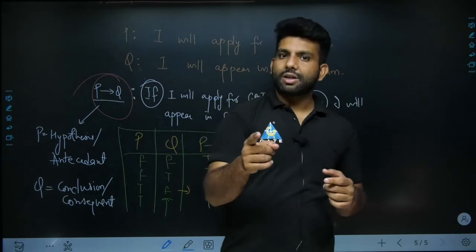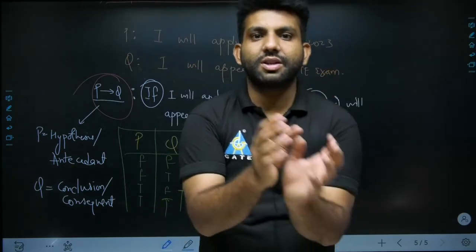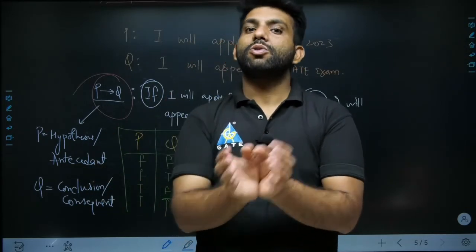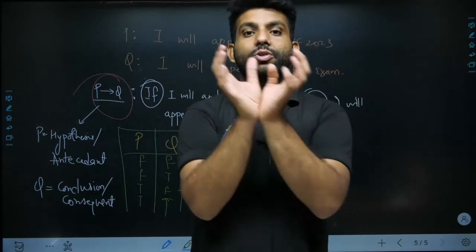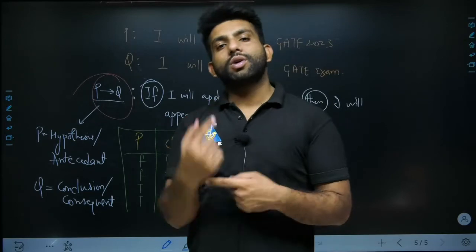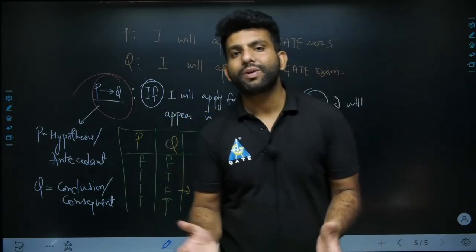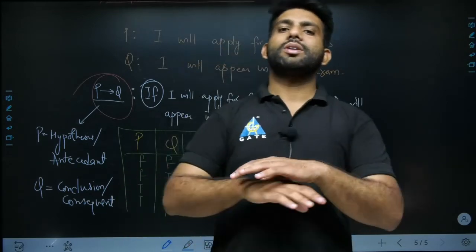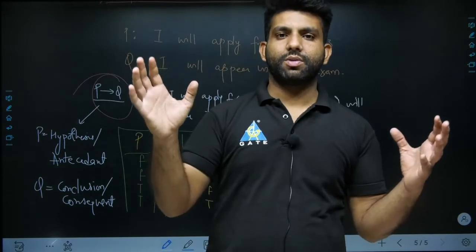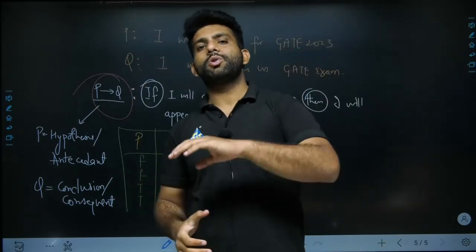You can only conclude that I am wrong if I tell you, if you do this, then this will happen, and you do the prerequisite and you do not get the conclusion. For example, if I say, if you work hard, then you will get a GATE rank, and you didn't do any hard work, you are simply enjoying the entertainment, going for the movies, going for the events.